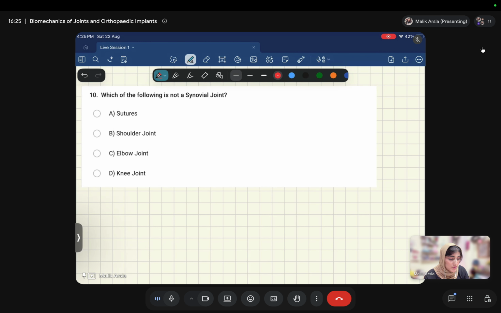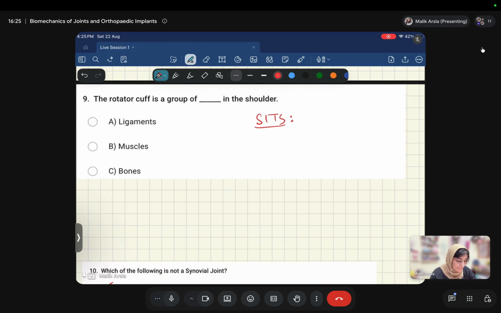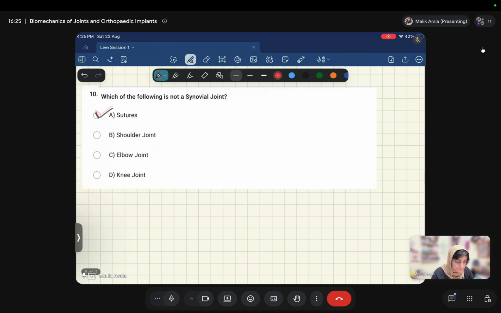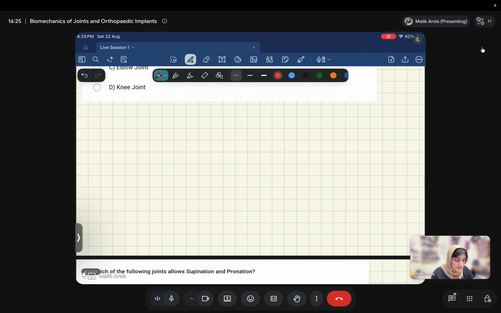So these sutures are also those kinds of joints. So it is not a synovial joint, and obviously the shoulder, elbow and knee are the main types of synovial joints with the synovial fluid and synovial cavity. Okay, moving ahead.